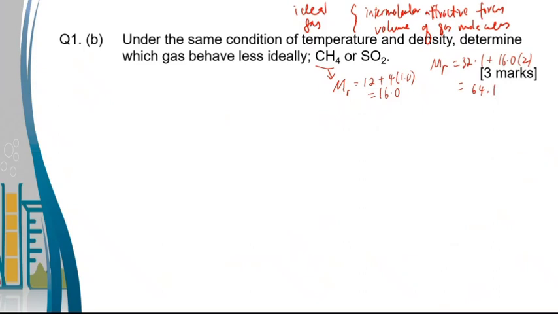So we can see that the sulfur dioxide molecule is much bigger than the methane molecule.